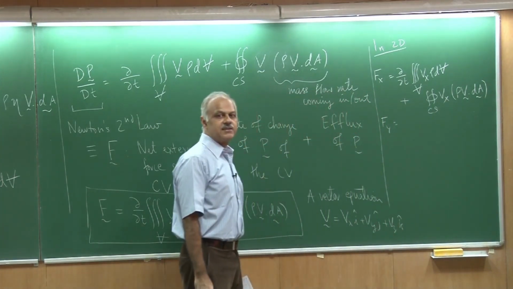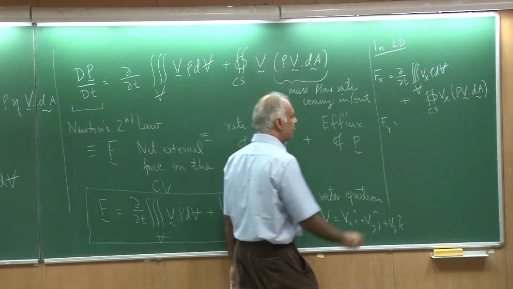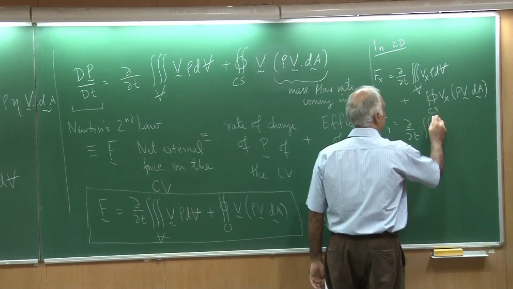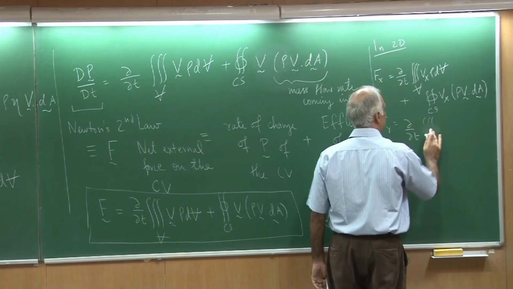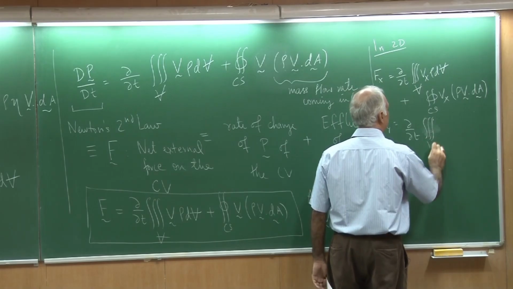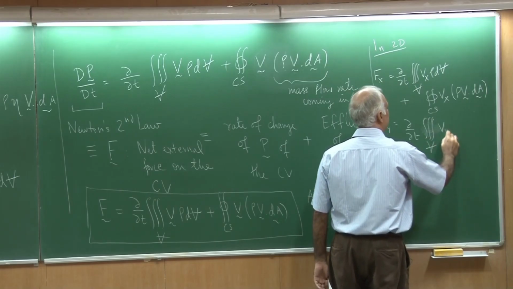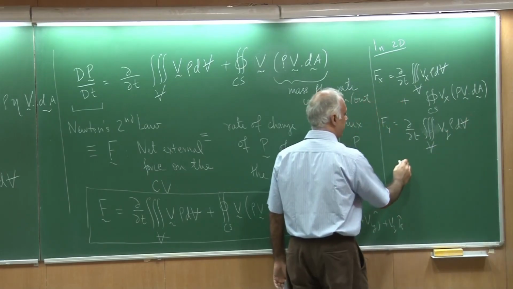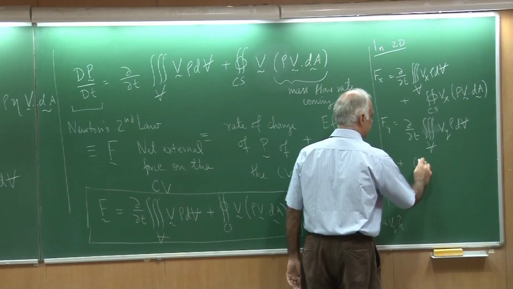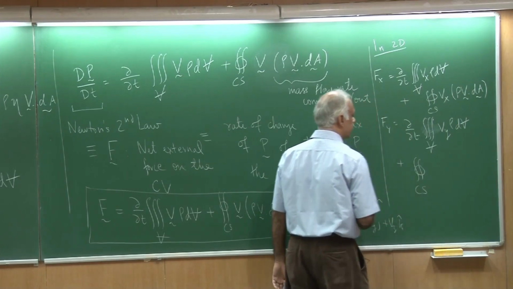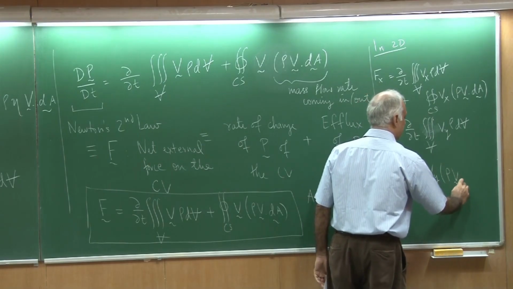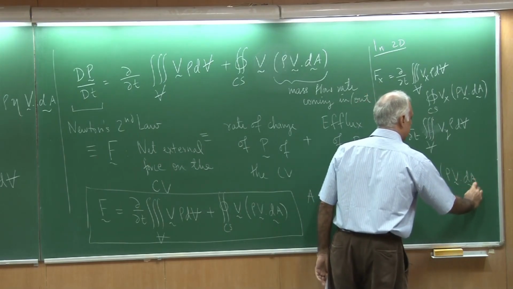So that's my x momentum equation. Likewise, I could write down the y momentum equation, which is over the volume V. Now this would be Vy rho dV, and I would have over the control surface Vy rho V dot dA.